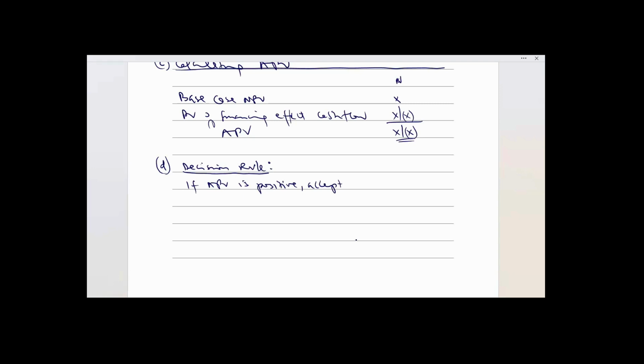But if not, you reject. Where you have mutually exclusive projects, accept any project with a higher positive APV. All right? In fact, you can't even have mutually exclusive in APV. That would be too much. Even a single project, one is still struggling, let alone having mutually exclusive projects.